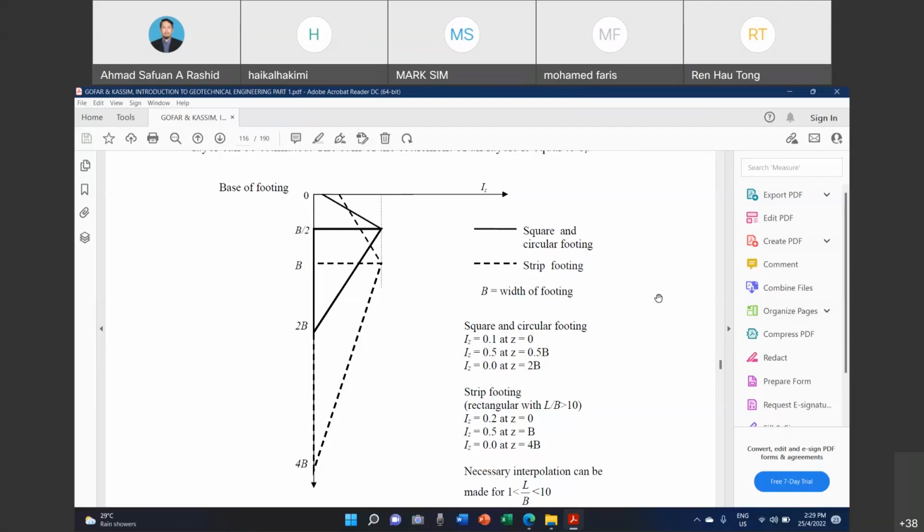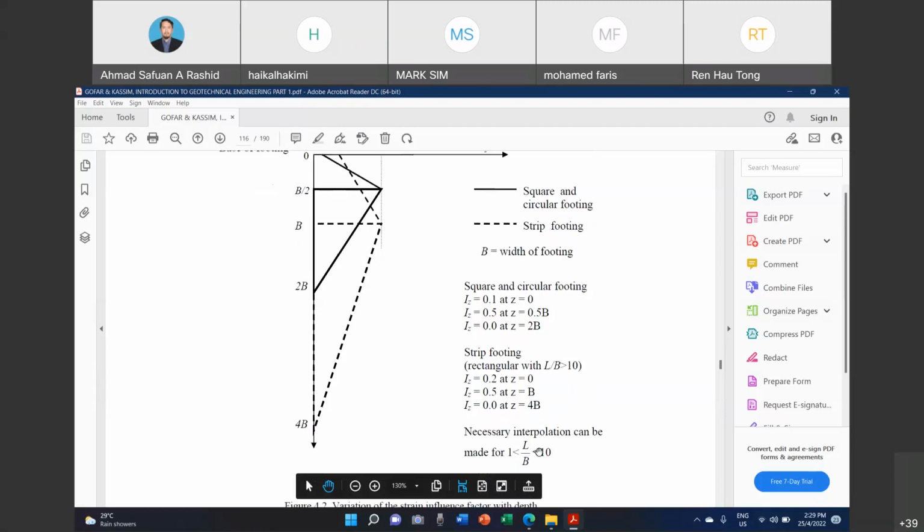Meanwhile, for the strip footing, we follow the dashed line: 0.2 when Z is equal to 0, which is at the depth below the footing base. Then 0.5 when Z is equal to B, and Iz will become 0 when Z is equal to 4B.